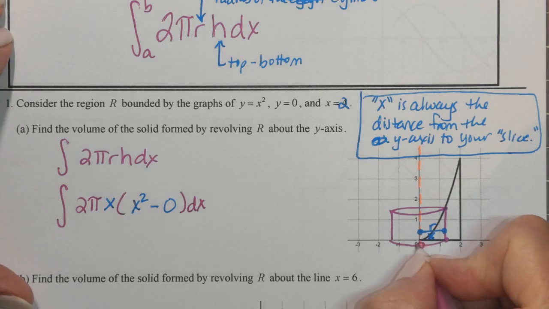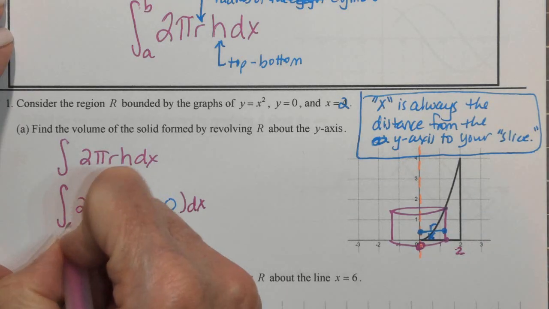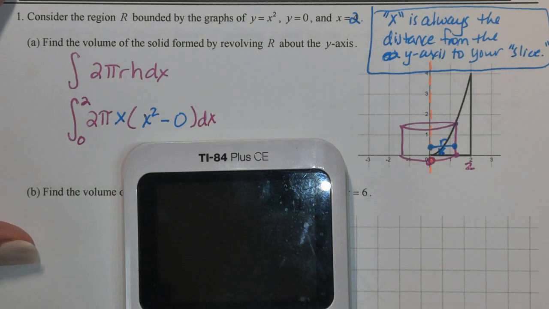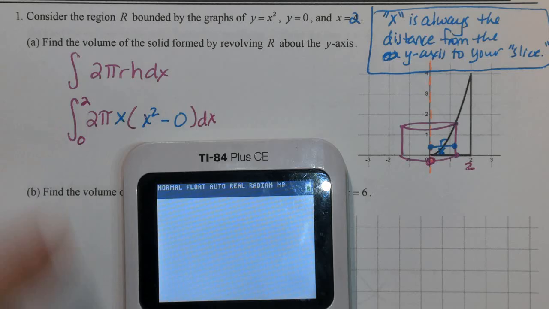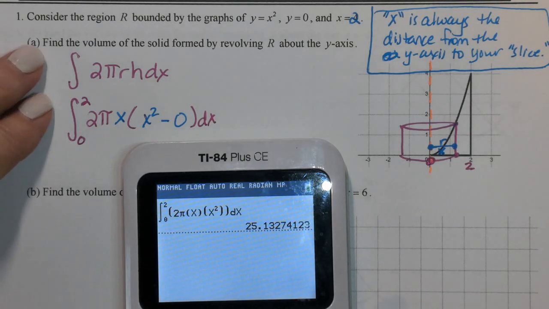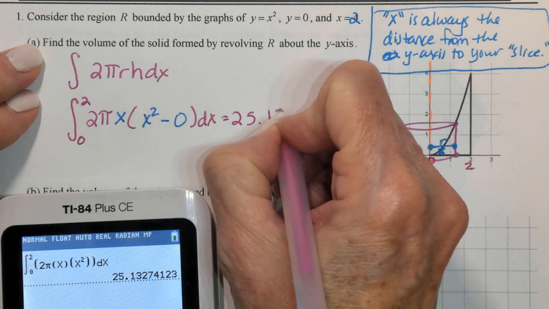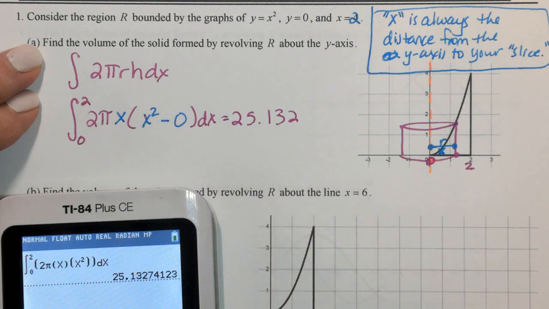So we're going to go from 0 to 2. 0 to 2. Math 9, 0 to 2, 2 pi times x squared. Of course, I could have made that x cubed, dx, and that is 25.132, or 133 at the end.